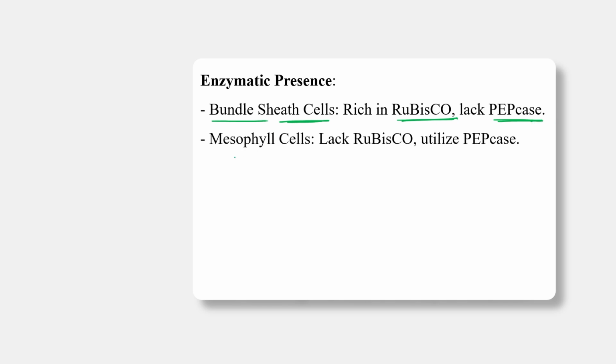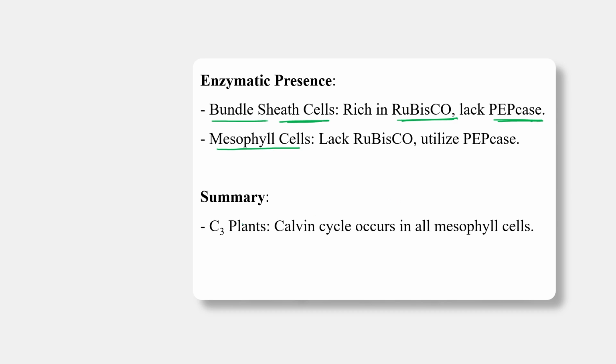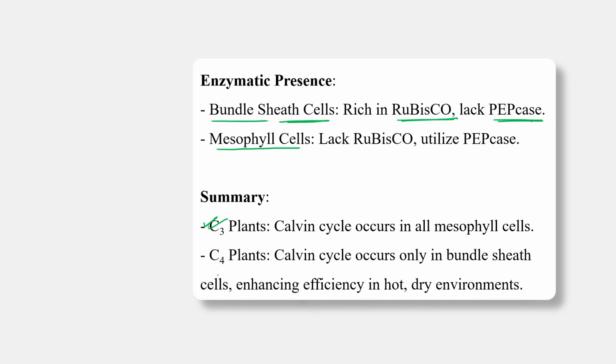And the mesophyll cells don't have rubisco, but they have PEPase. So what is the summary? In C3 plant, the Calvin cycle occurs in all mesophyll cells, while in C4 plant, the Calvin cycle occurs only in the bundle sheath cell, enhancing its efficiency in hot and dry environments.